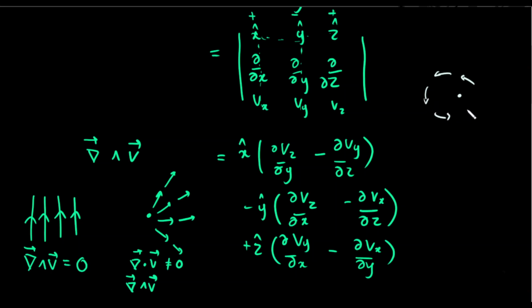This is just a curl. This is the given point, and this vector field curls around this given point, so that means there is a curl. When we have a vector field like this, the curl is not going to be 0. So this is the geometrical representation of the curl.